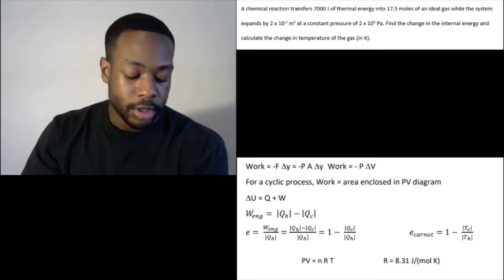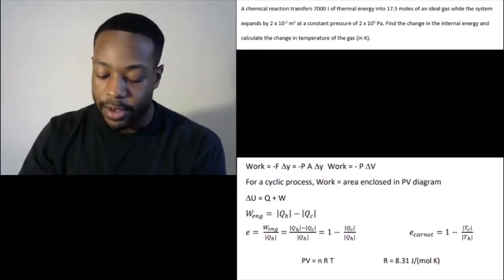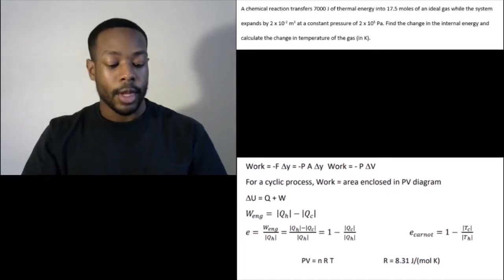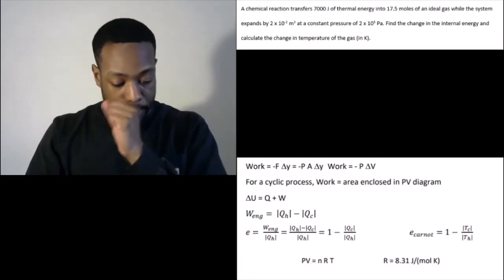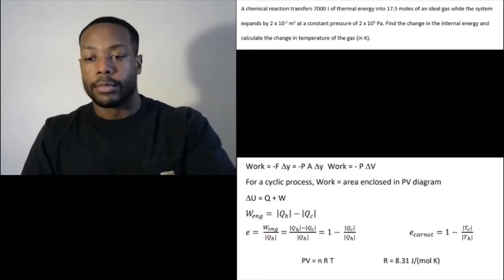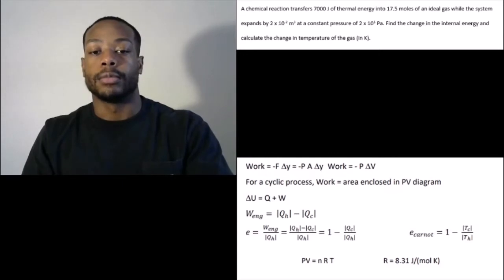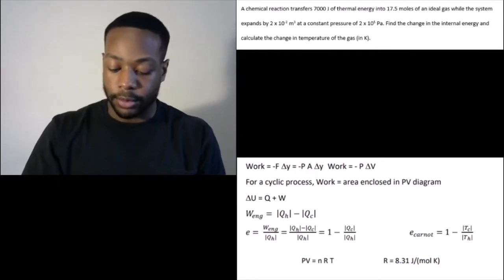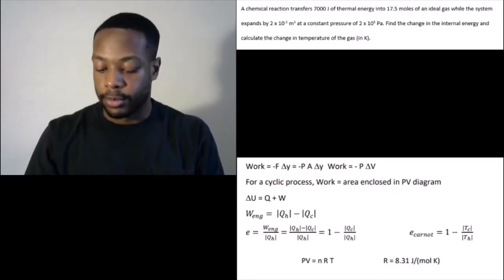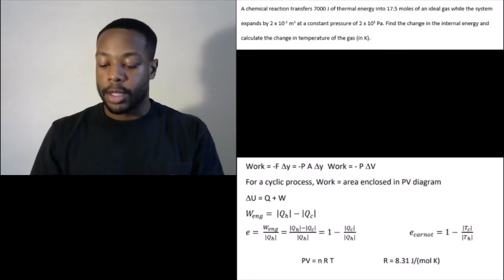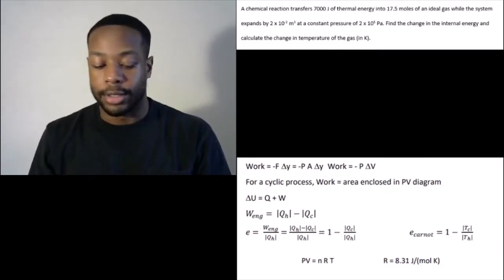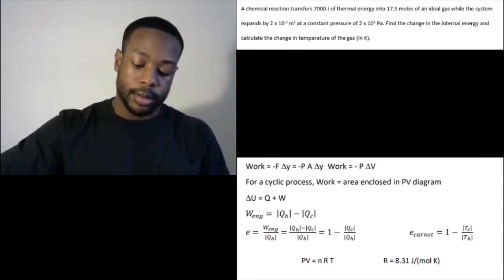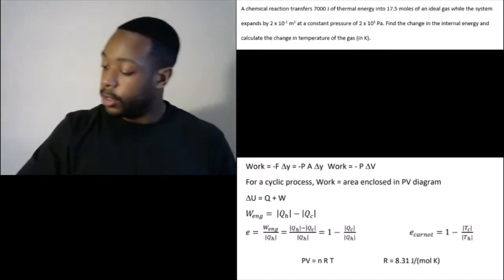So PV equals nRT, our pressure is 2 times 10 to the 5. Our volume is going to be 2 times 10 to the negative 2. Let me erase a little bit, get some space going.